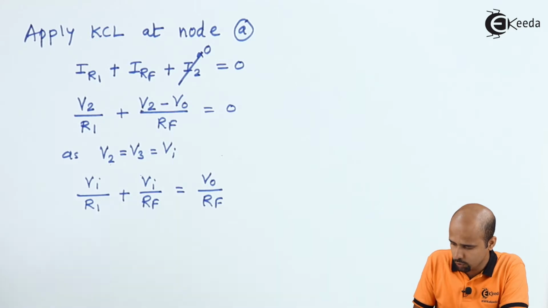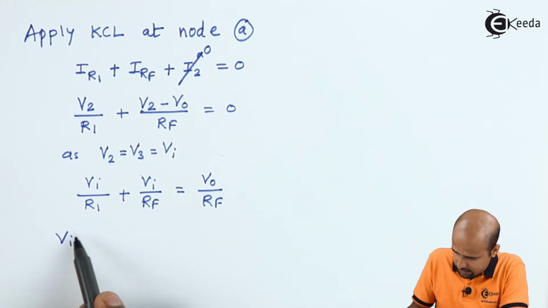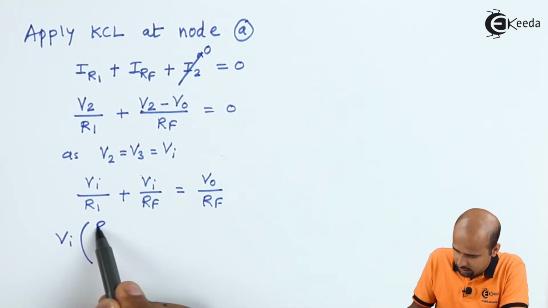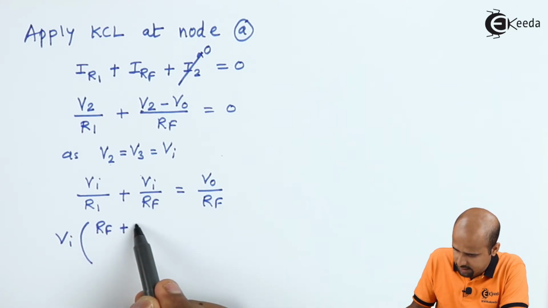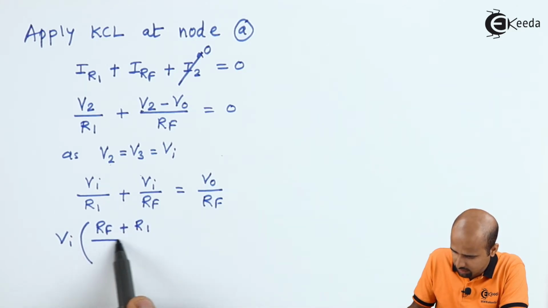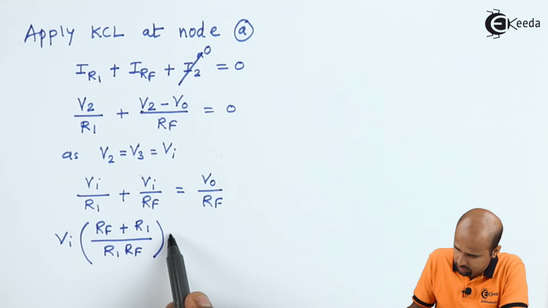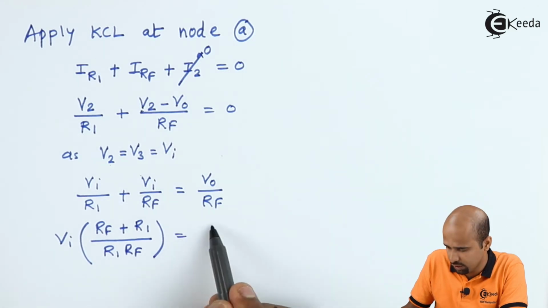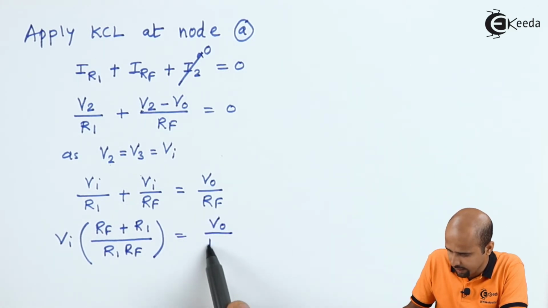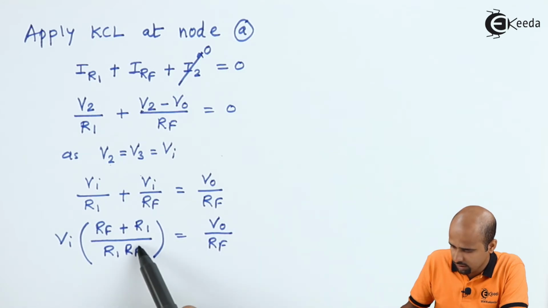Okay, so far so good. We will take this Vi common: (RF plus R1) divided by (R1 into RF) is equal to VO divided by RF, right? RF cancels RF.